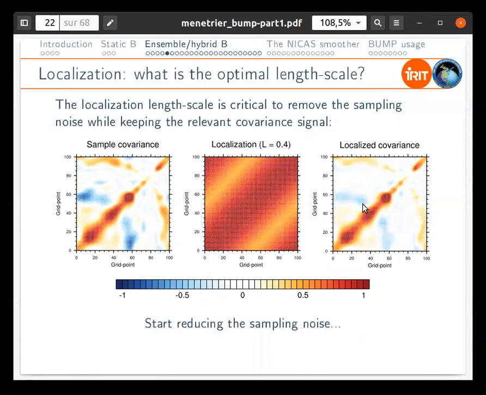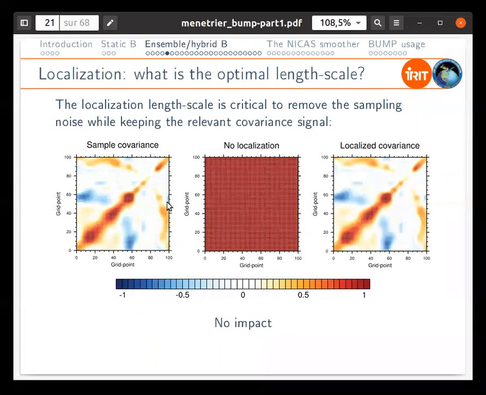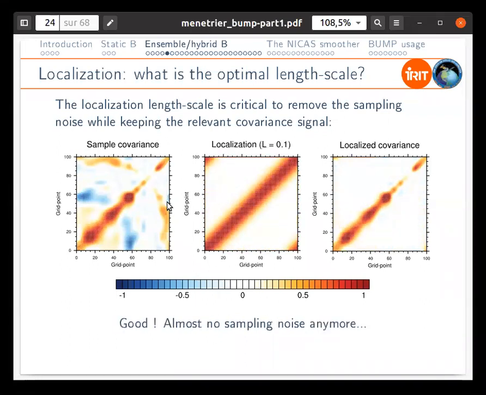But now I will reduce the length scale of the localization matrix. And we can see that by reducing this length scale, I have removed most of the off-diagonal noise. I can do it again. So no localization, and then we reduce the sampling noise. You can look at the right panel, we reduce the sampling noise.